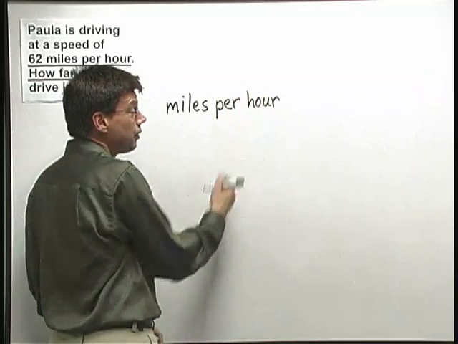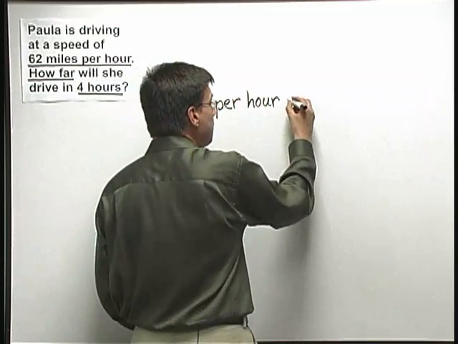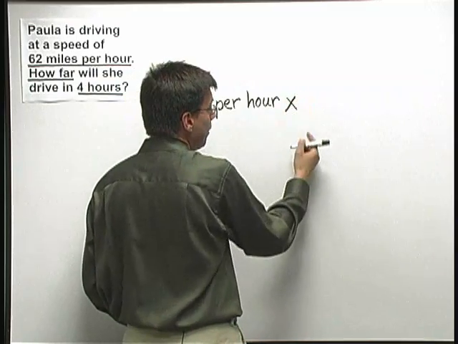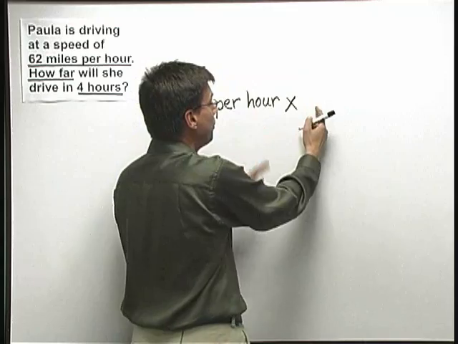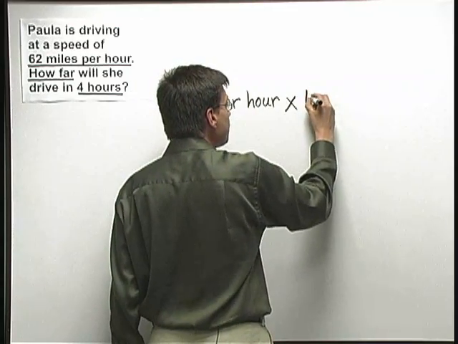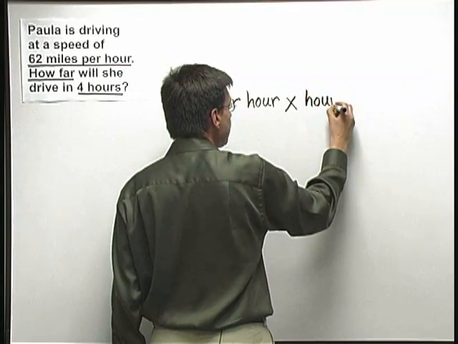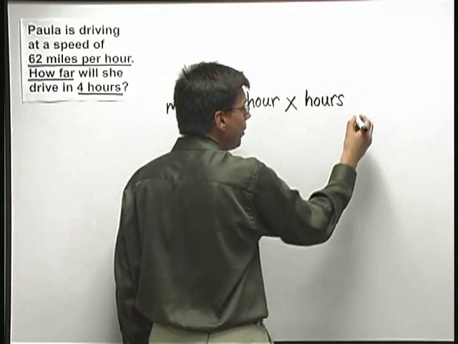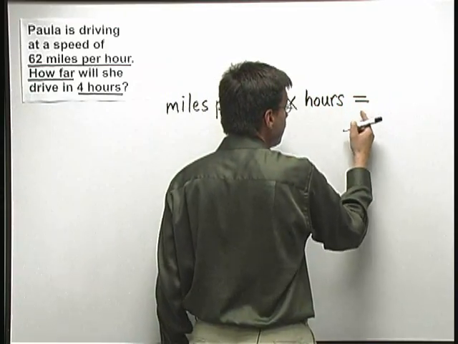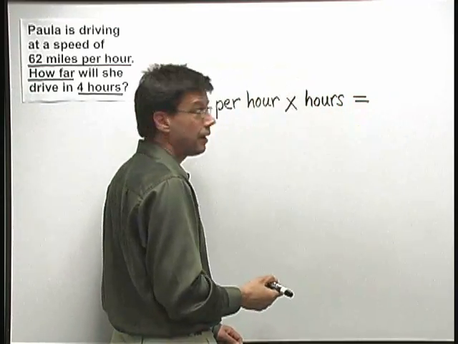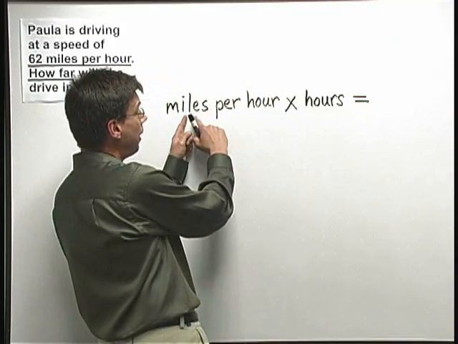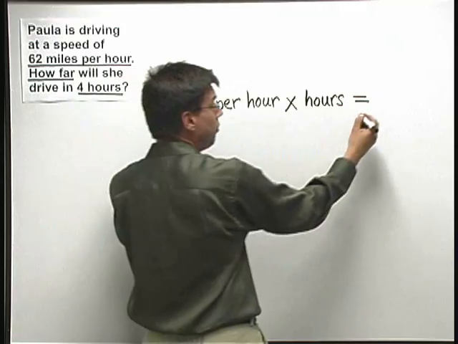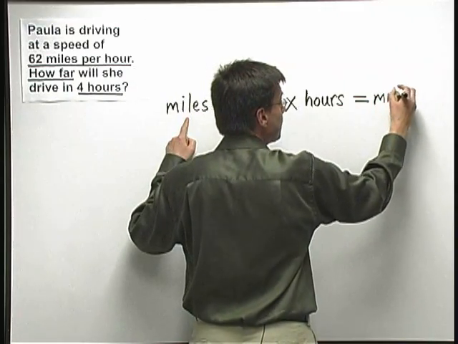If we take the units for the rate and multiply by units represented by the word after the per, that is, if we multiply by hours, we're going to end up with a result. We're going to get something that's equal to a quantity represented by the words in front of the per, miles.